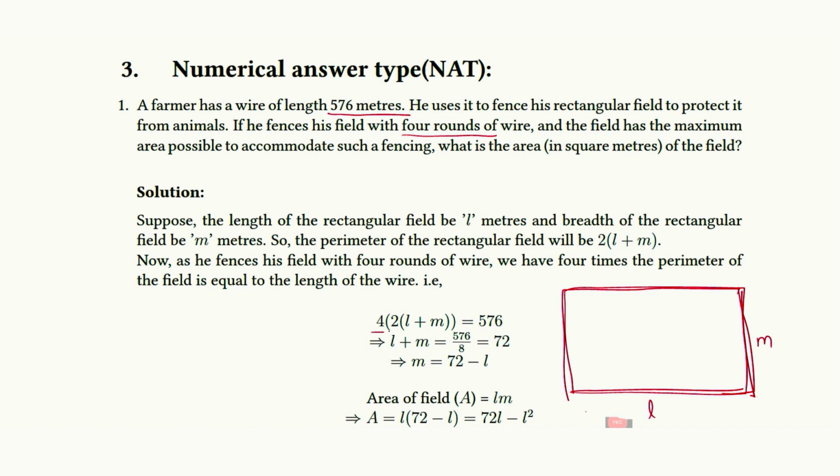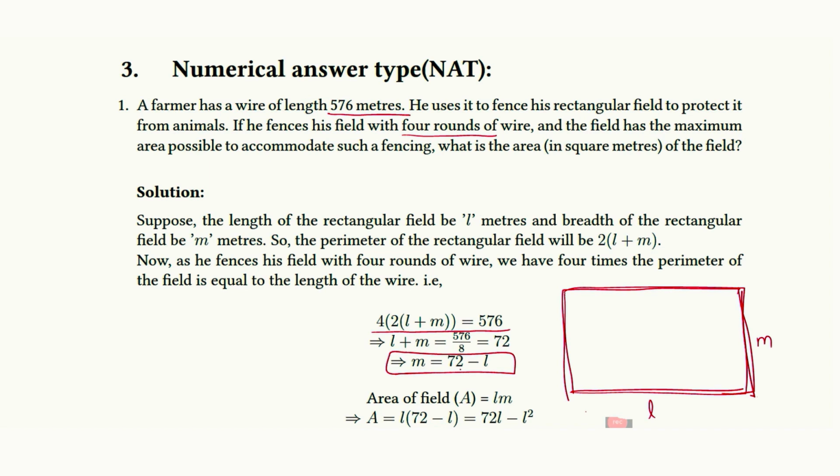That is 4 times 2 times (L plus M), which equals 576. This implies 8 times (L plus M) is equal to 576, and by simplifying, we finally get M in terms of L as M is equal to 72 minus L.